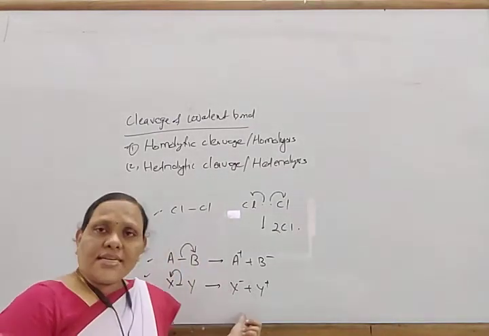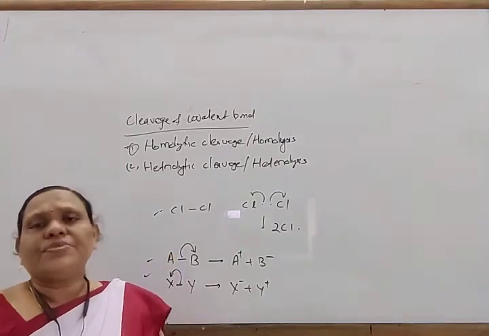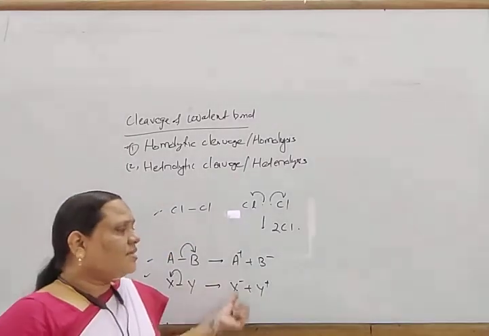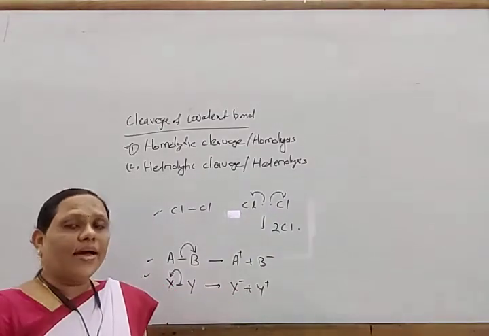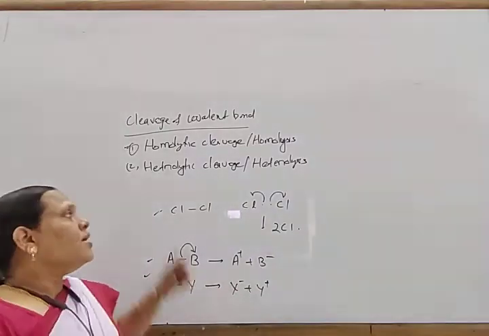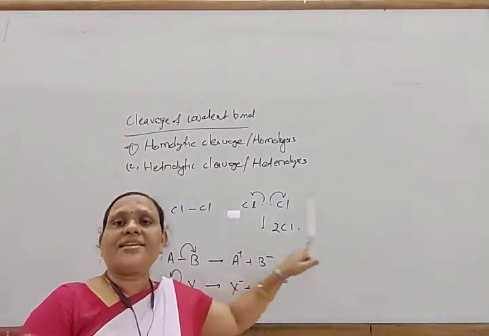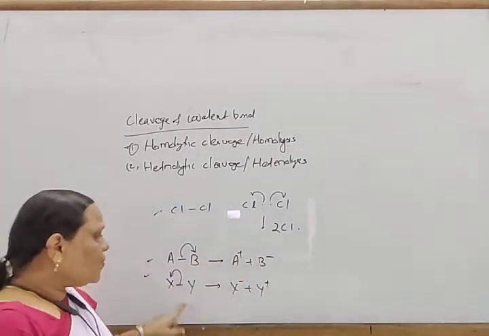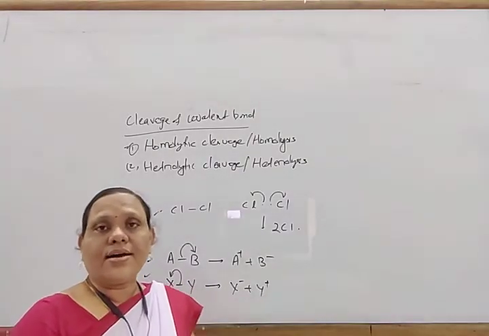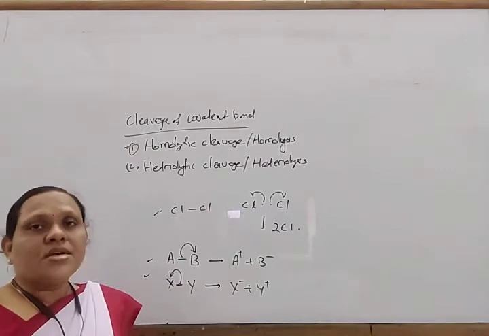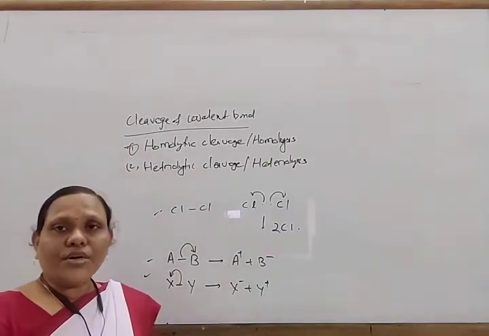If a carbon atom is carrying a positive or negative charge, it is called a carbocation or a carbanion. So due to homolytic cleavage, free radicals are generated, and due to heterolytic cleavage, carbocations or carbanions are generated. So this is how cleavage of a bond takes place.